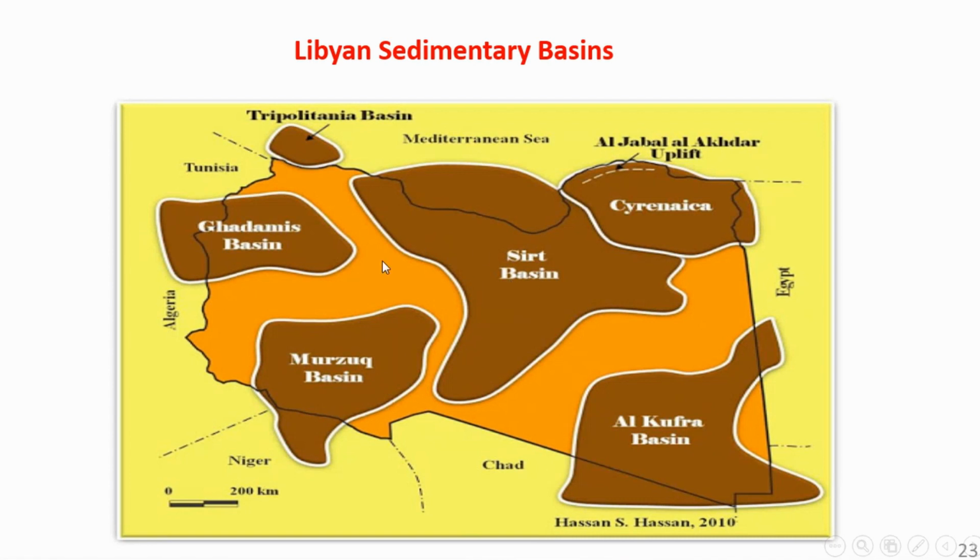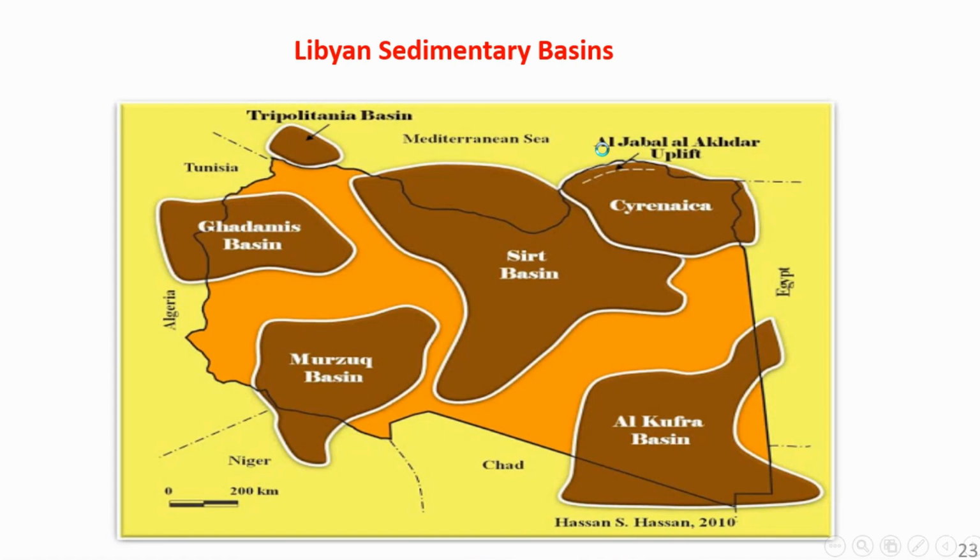In the southwestern part, the Ghadames Basin. Here, offshore Sirte, and here, Tripolitania Sub-Basin. Here, the Cyrenaica platform, located at the northeastern part of Libya, where our study has been done. You can see here Jabal Akhdar uplift at the north and Cyrenaica platform at the south, separated by the Jurassic hinge line.